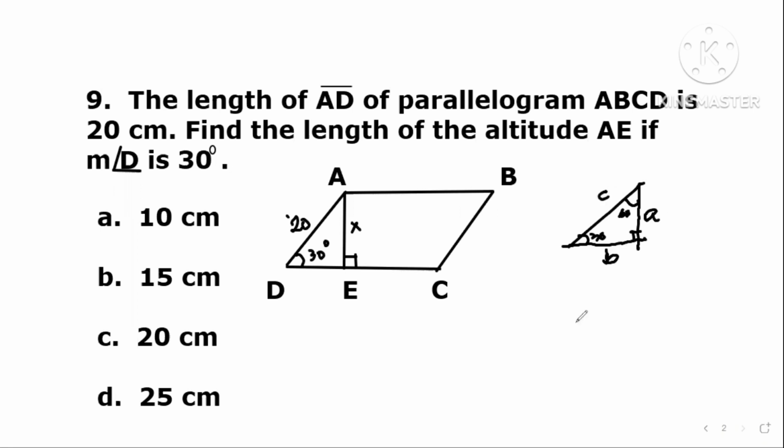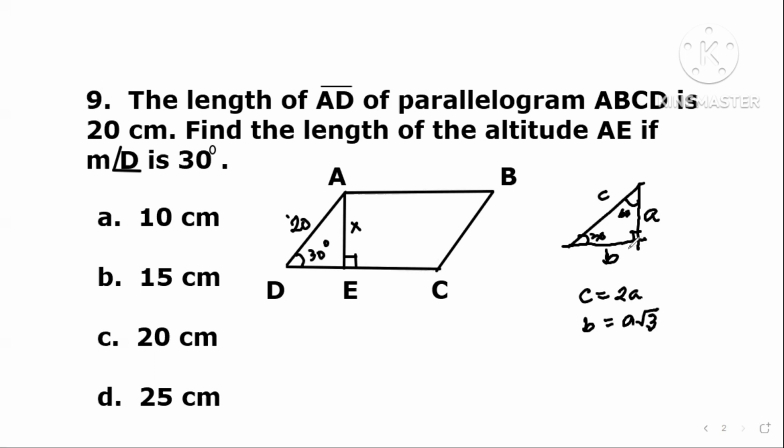The length of the side opposite 30 is half the hypotenuse, or C is equal to 2A. And the length of the side opposite the 60-degree angle is equal to the side opposite 30 times square root of 3, or A square root of 3.